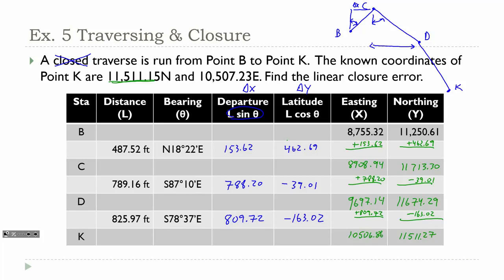All right, so now the linear misclosure. We have the K that was surveyed that has these coordinates. K is surveyed at 10,506.86, comma, 11,511.27. But then we have the known one, which is going to be where relative to this? 11,511.15.